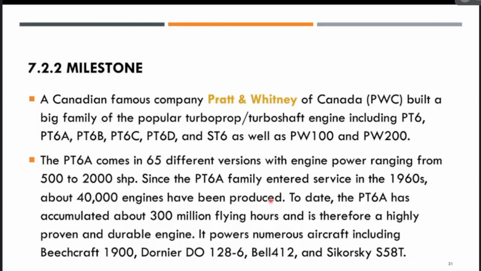To date, the PT6A has accumulated around 300 million flying hours or more, and it is therefore a highly proven and durable engine. It powers numerous aircraft, including the Beechcraft 1900, the Dornier, Bell, and Sikorsky types of aircraft.